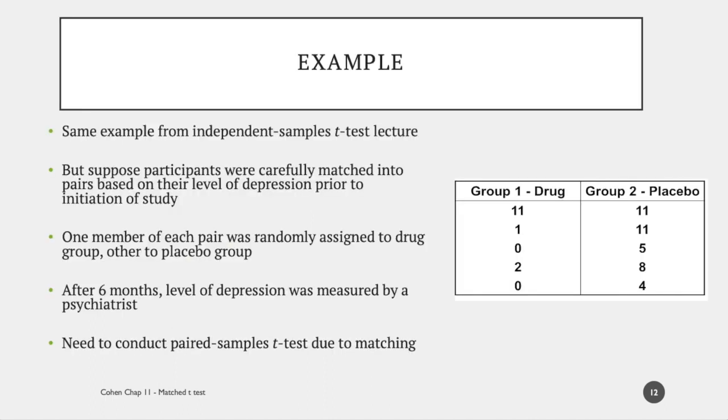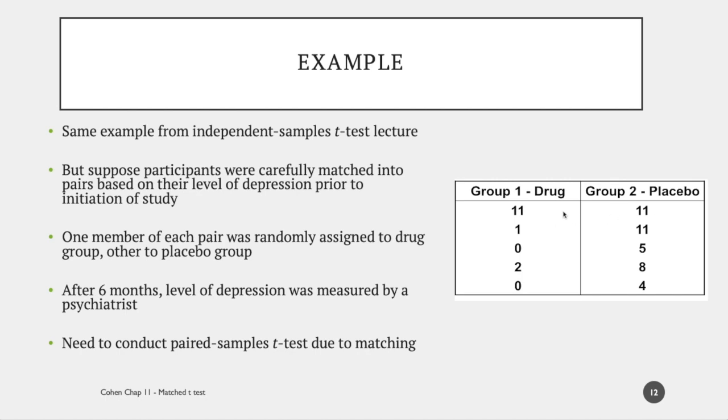So let's come back to this example. We used this before in the independent samples t-test, but now let's change up the situation. Instead of independent groups, let's say they were carefully matched into pairs. So we had the person that scored 11 here is really carefully matched with the person that scored 11 here with placebo.